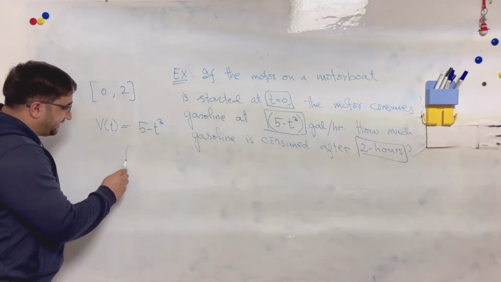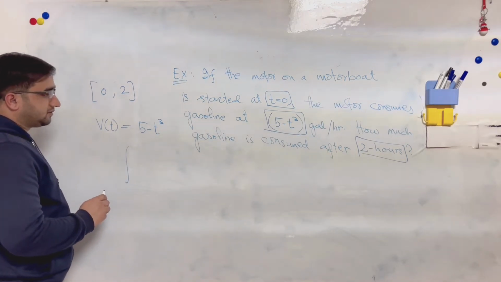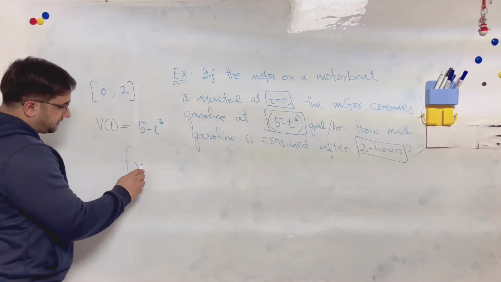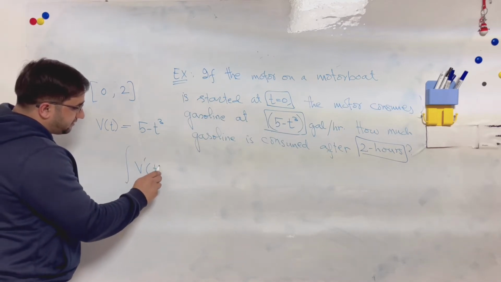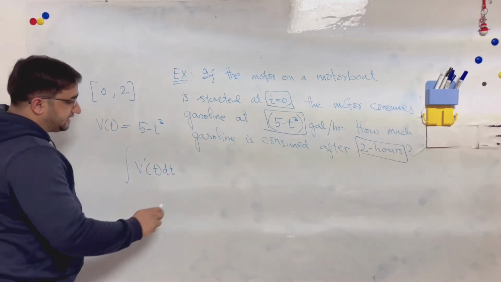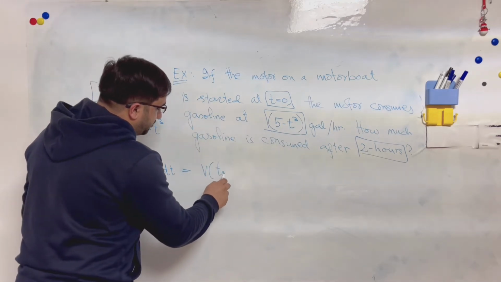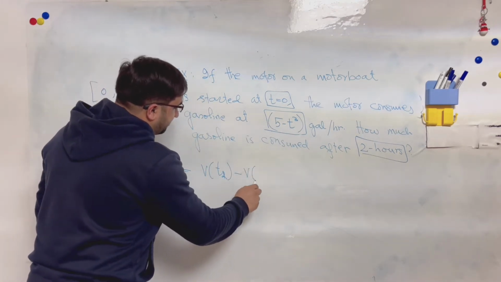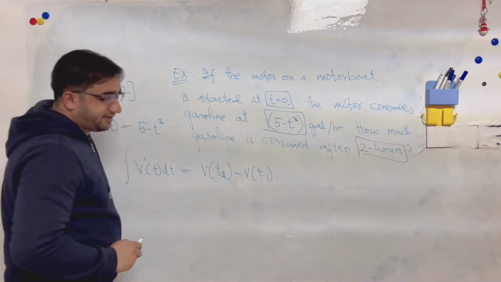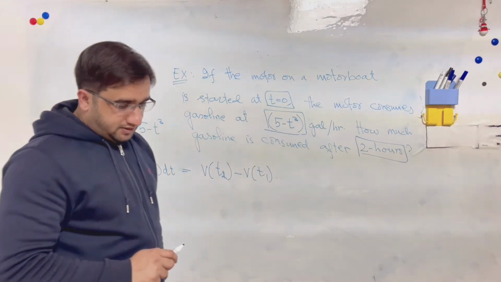It will be something like the integral of the change in volume dt, and on the right, the volume at the time t2 minus the volume at the time t1, right?